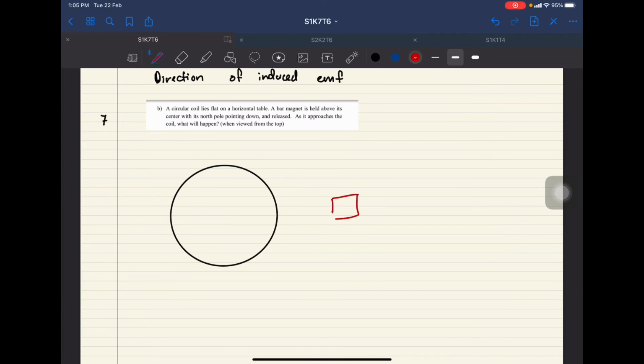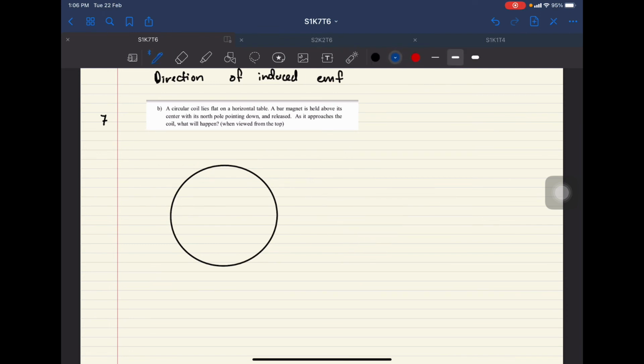If you want to see it from that view, like that, this is the knot side. So you have your magnetic field going out of the page, going out from the knot pole. So if the knot pole is pointing towards this particular loop which lies on the table, you can see that the magnetic field is actually going into the page.